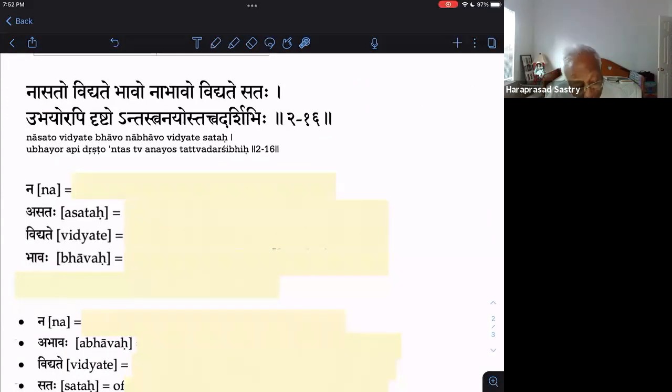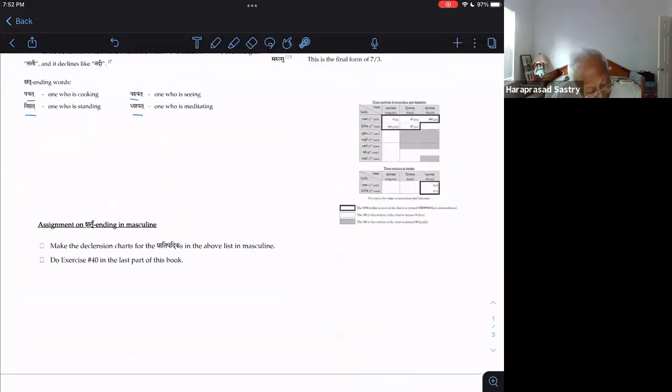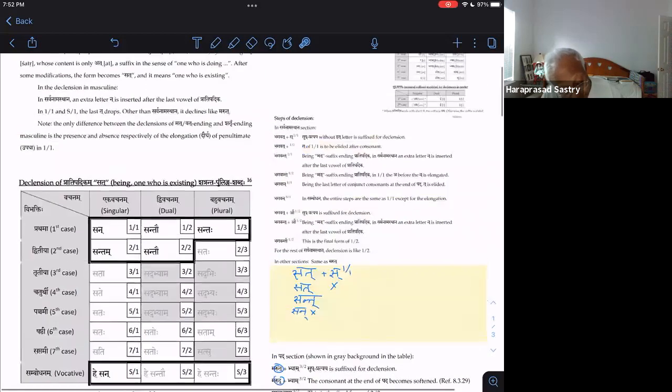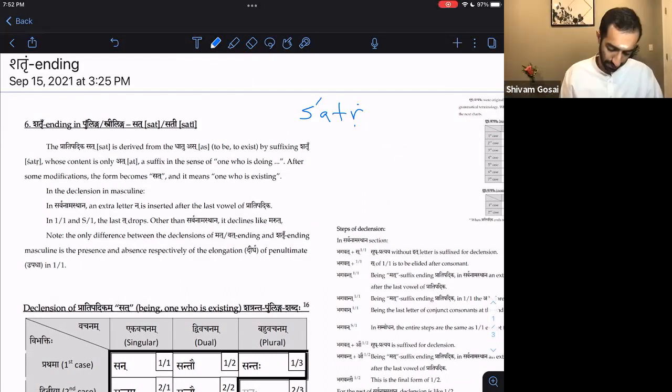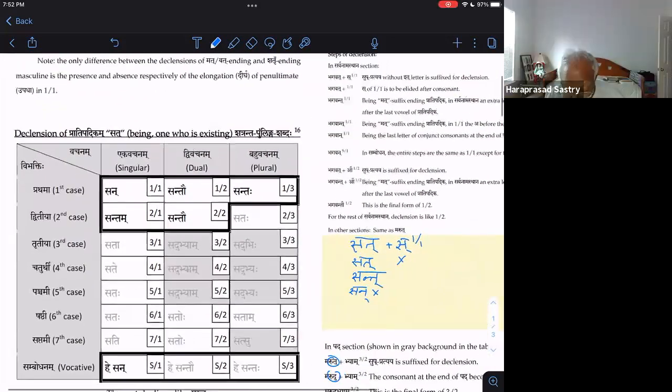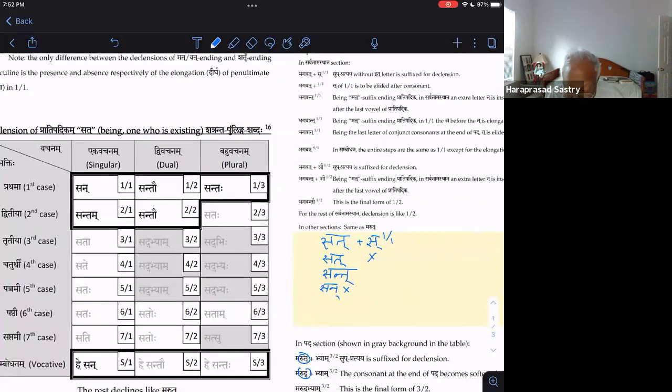Yes, sir. I'm a little bit confused about the it letter here. I'm quite familiar with the Maheshwara Sutra and its it letter, but here, for example, in the Bhagavad-Shabdha, in 1-1, Supratyaya without it is sufficient for declension.